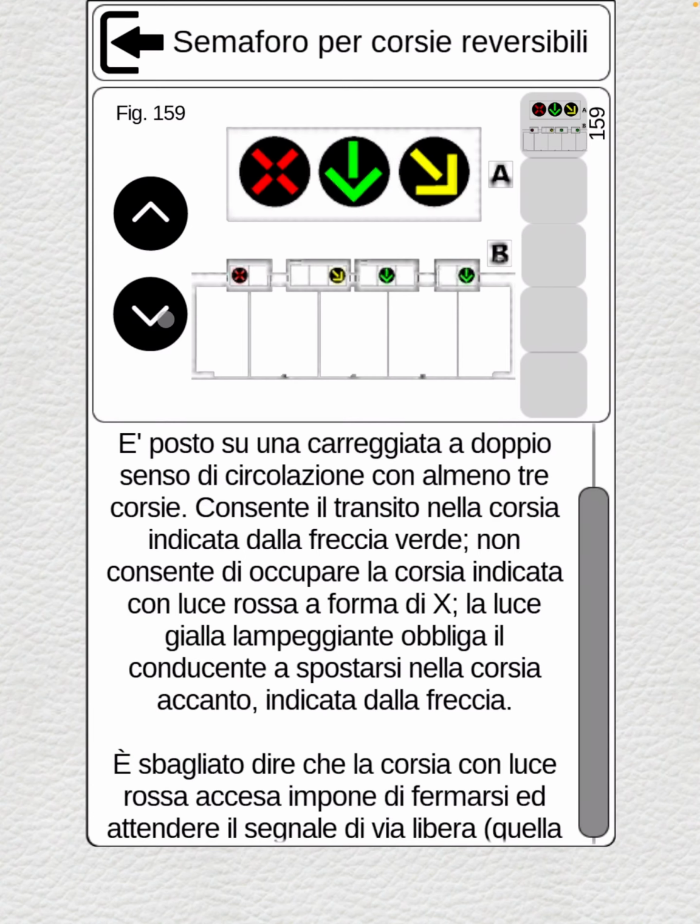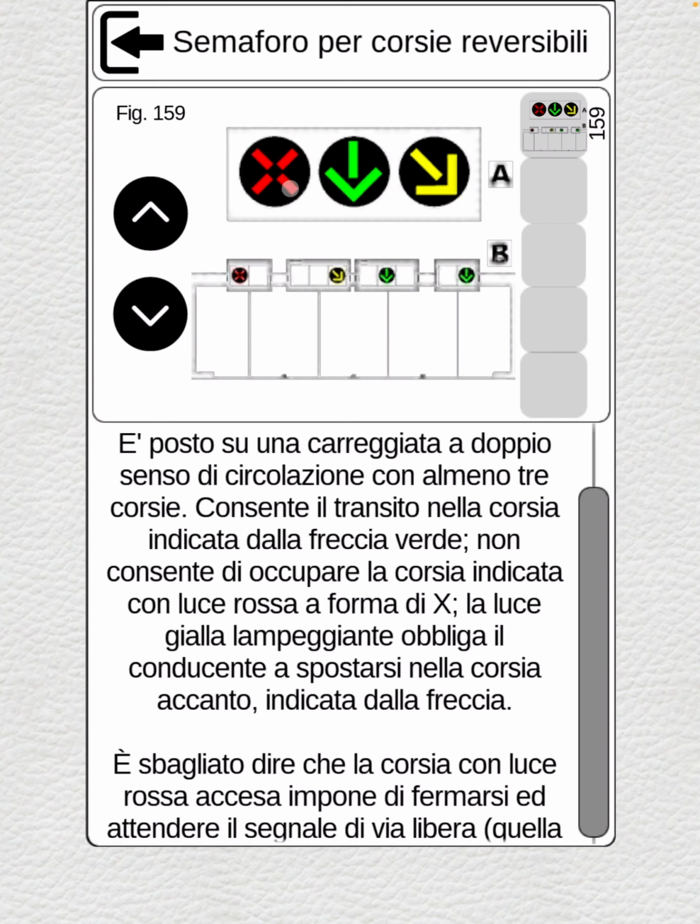Semaforo per corsie reversibili. This road, semaforo per corsie reversibili, is a road with just one carriageway. Two lanes of it now are one way. These two are one way, they are going to the front. This one is coming back. You will see this one at your front. Always look at it. You cannot pass that road.